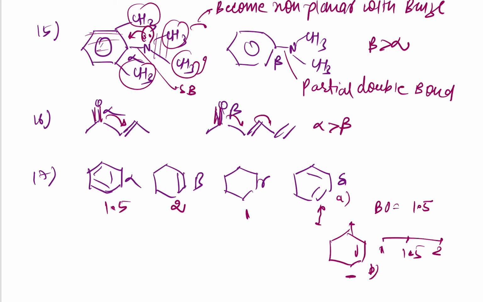So we can say that A is more stable, so it will move towards 1.5. So the bond order will be beta greater than alpha, then delta, then gamma.